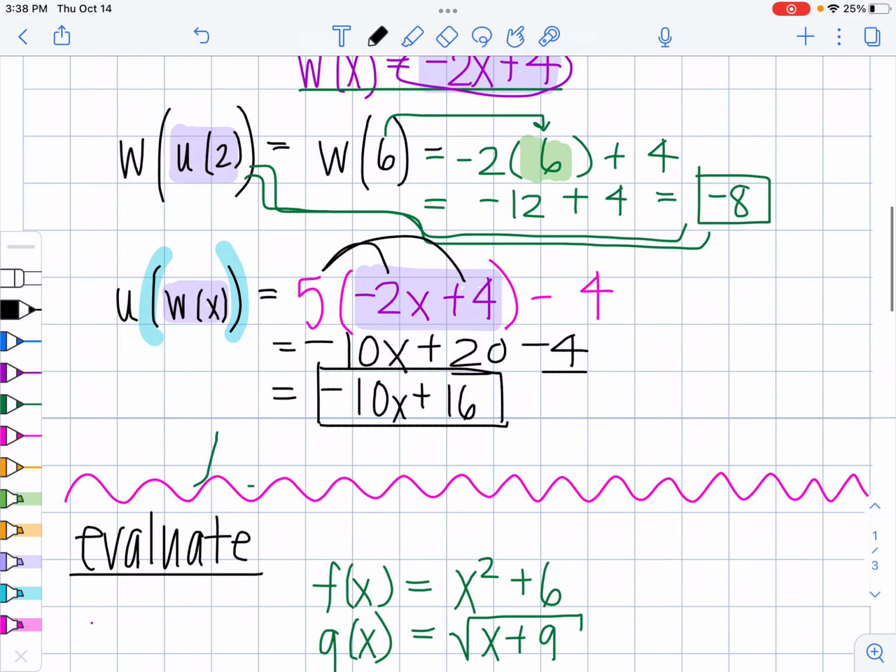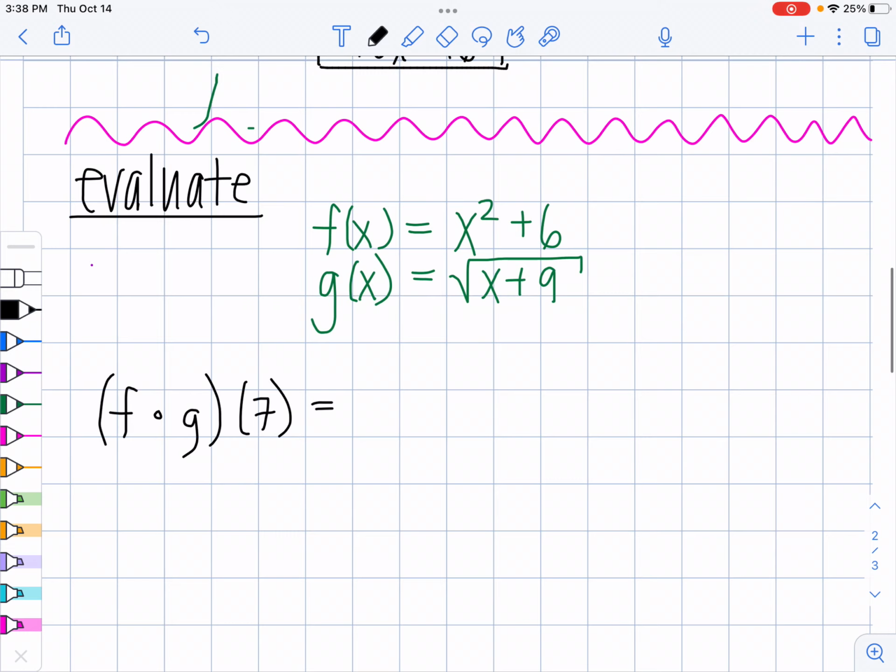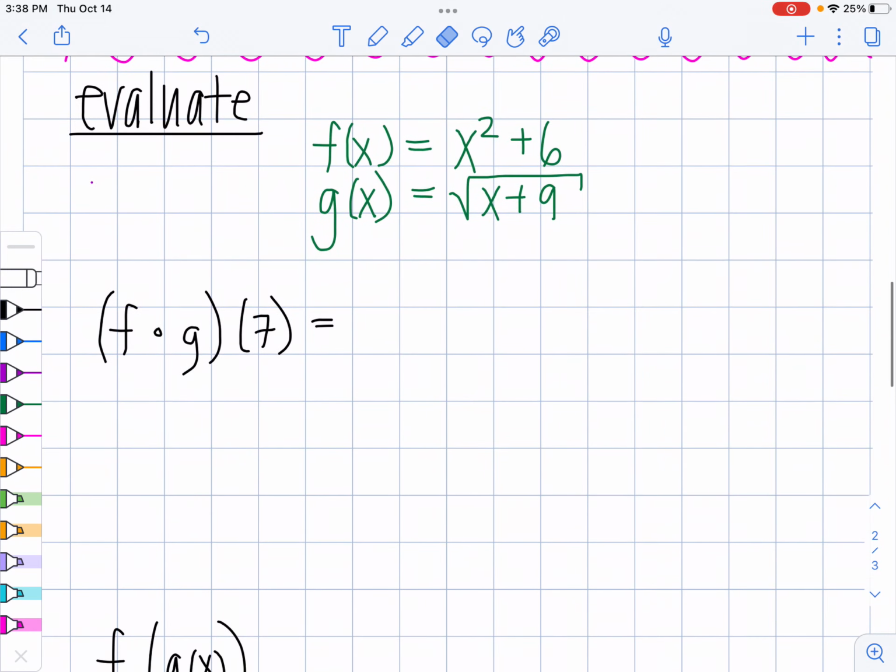Okay, let's do the next one. My functions are a little bit harder this time. They look a little harder to me at least. But the concept remains the same. So now I'm looking at some different notation here, but remember this says I'm going to first take my function g here, and I'm going to plug in 7. So I'm going to do this up here. So g of 7, I'm going to write out my skeleton.